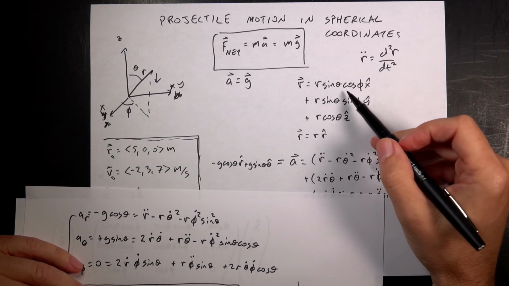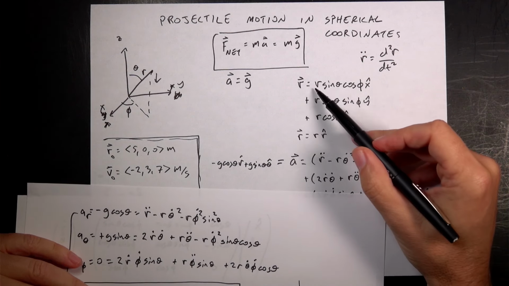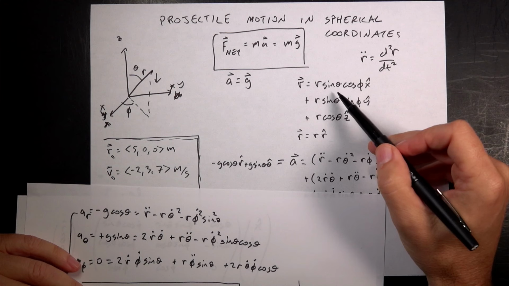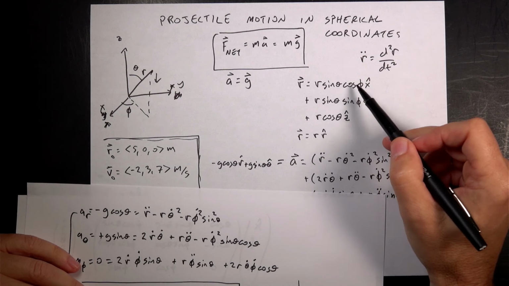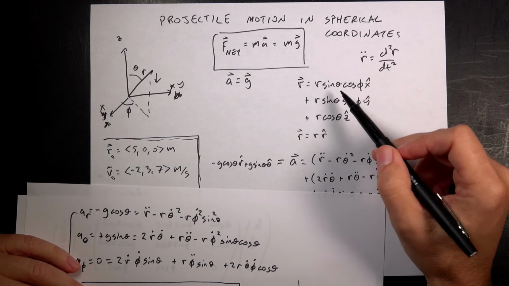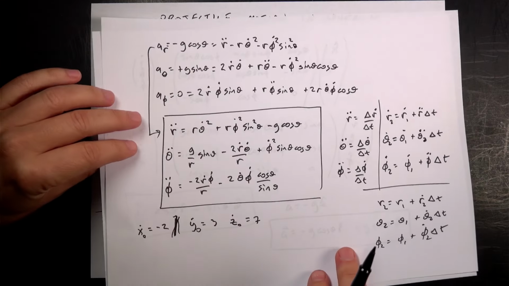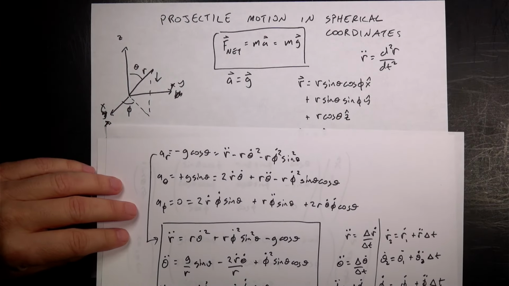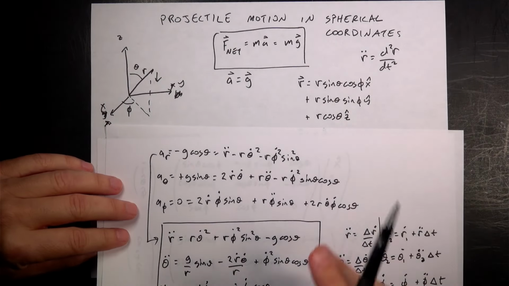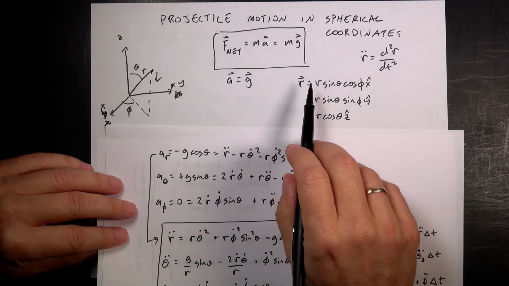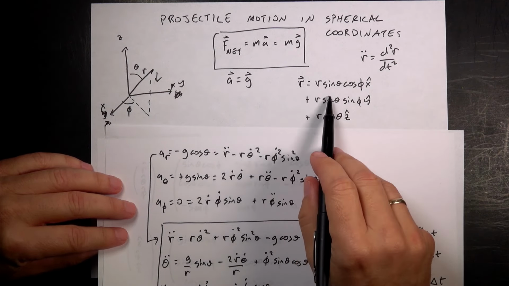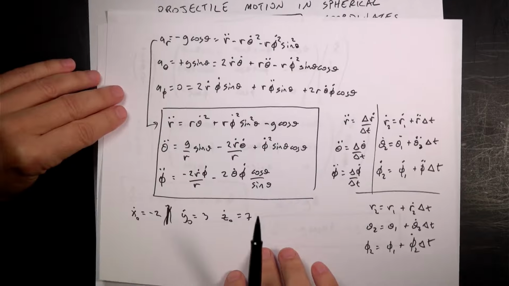If I take the derivative of this with respect to time, I'm going to have to take the derivative of a bunch of the stuff. But I can do it. And that's going to be my velocity in the x direction in terms of spherical coordinates. Okay, so let me just do this first one.